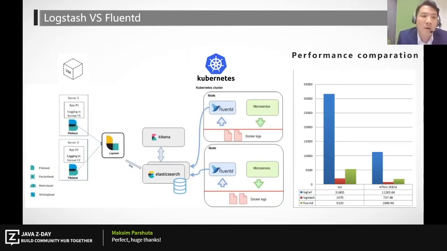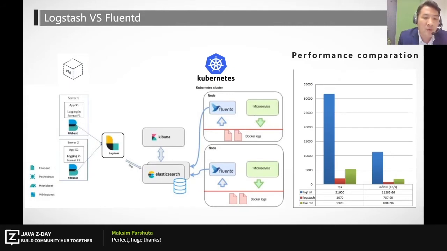Here I will do some comparison between Logstash and Fluentd. We can see here on the left, Logstash is more suitable for the traditional virtual machine, because Logstash is more suitable for people to format the logs and send to Logstash.